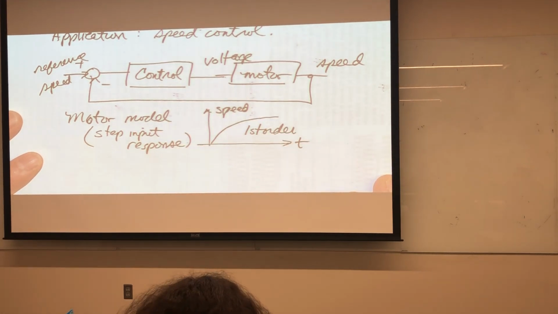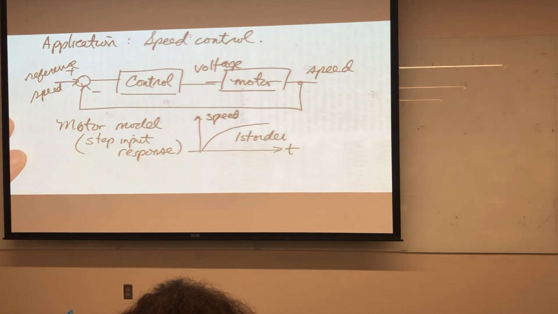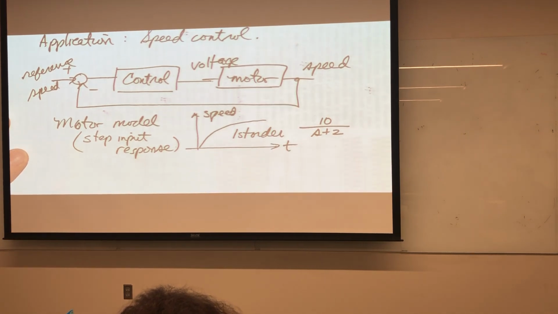Okay. So let's just choose a model for our example today. Let's suppose the model is 10 over s plus 2. Okay, this is our transfer function for this part.